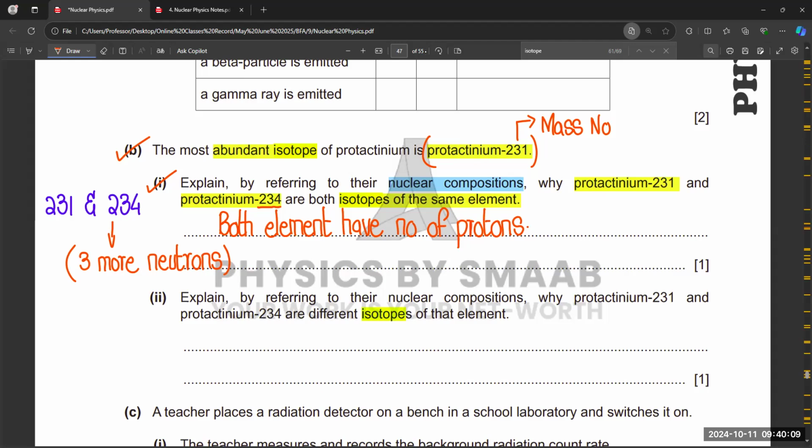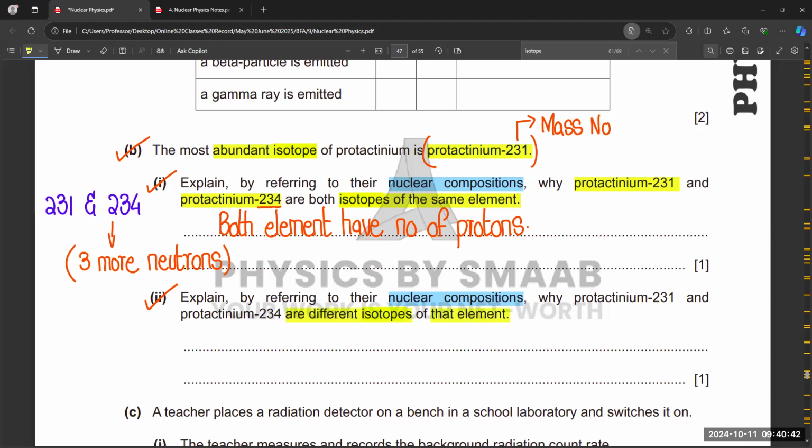And in the same way, they are asking in the second part, explain by referring to their nuclear composition why protactinium-231 and 234 are different isotopes of that element, right? In the first part, they were asking why both are isotopes of the same element. But now they are asking why they are different isotopes of that element.